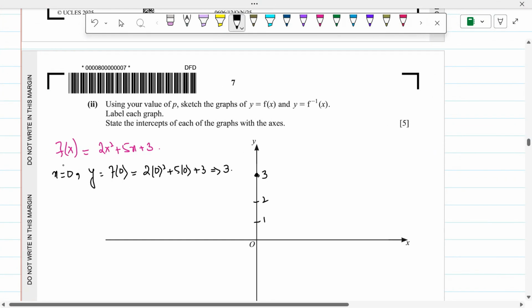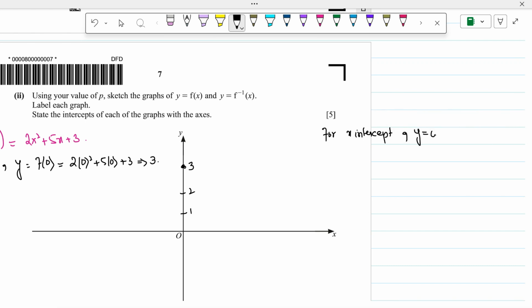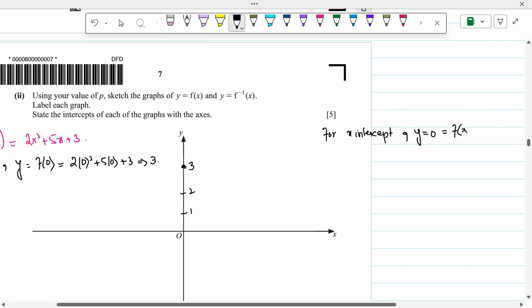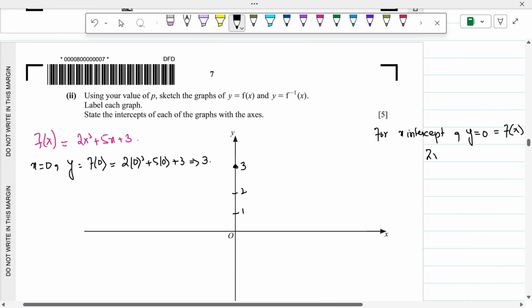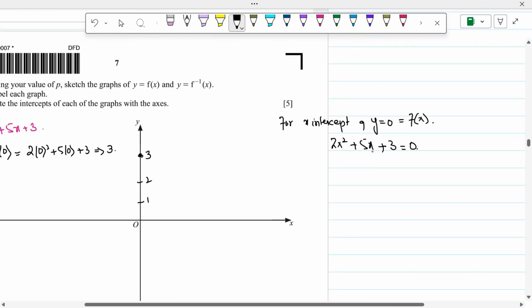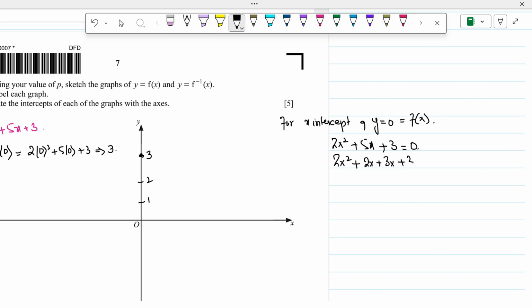Now we need to find the x-intercept. For the x-intercept, y is equal to 0, which means f of x is 0. Plugging this into the quadratic equation, we have 2x squared plus 5x plus 3 equal to 0. This quadratic equation can be solved by factorization: 2x squared plus 2x plus 3x plus 3 equal to 0.